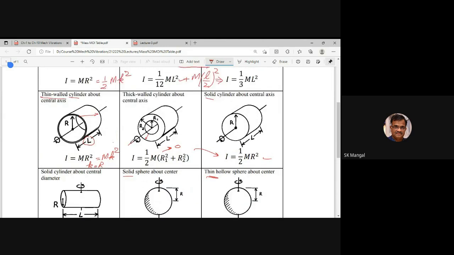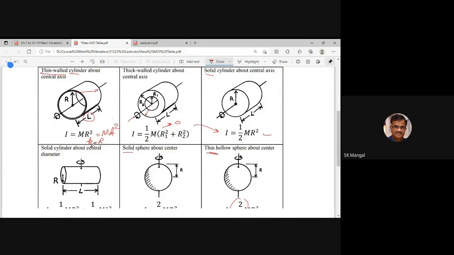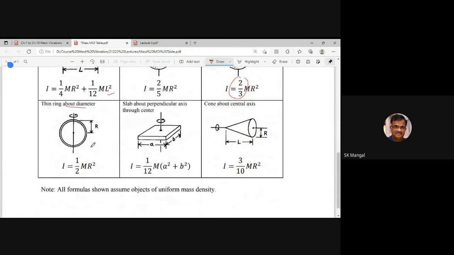While this is basically a moment of inertia about the axis of the cylinder. For a slab, the moment of inertia passing through the CG and perpendicular to the plate is given by m (a square plus b square) by 12, where a and b are the dimensions of the plate, the plate is basically of very small thickness, and m is the mass of the plate.